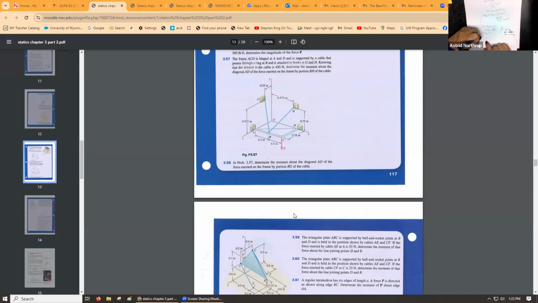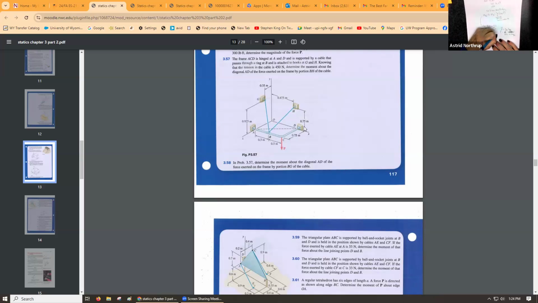All right, let's look at A to D first of all. What is the vector from A to D? Well, if you think about it, in the X direction from A to D, the distance is 1 meter. So that's 1 meter in the I direction. And there's no component in the Y direction because it's horizontal. So it's plus 0 meters in the J direction. And then in the K direction, it goes back into the page, 0.75.